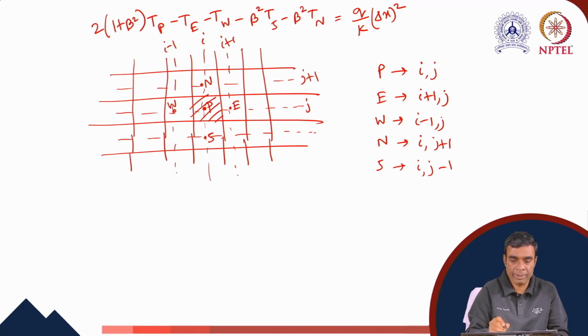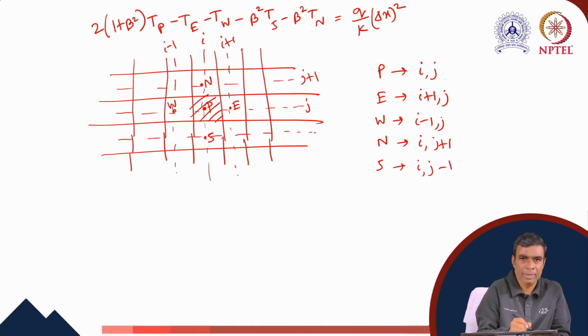Now, substituting this P, E, W, S and N by using the indices i and j, we can rewrite the above equation in terms of ij indices.